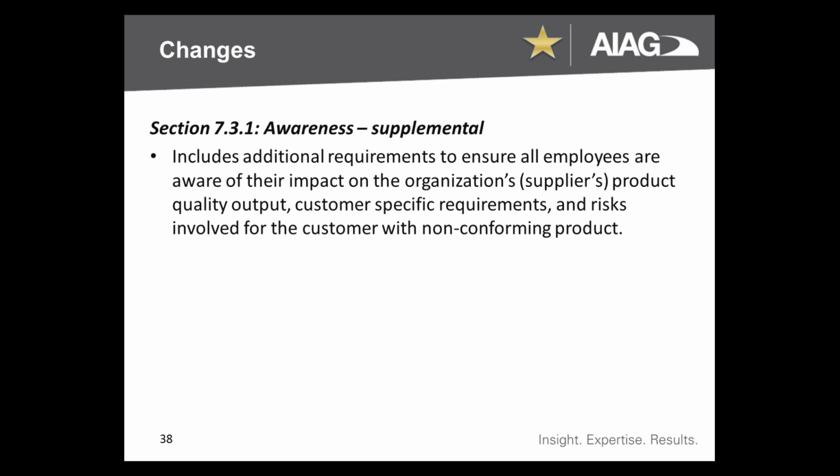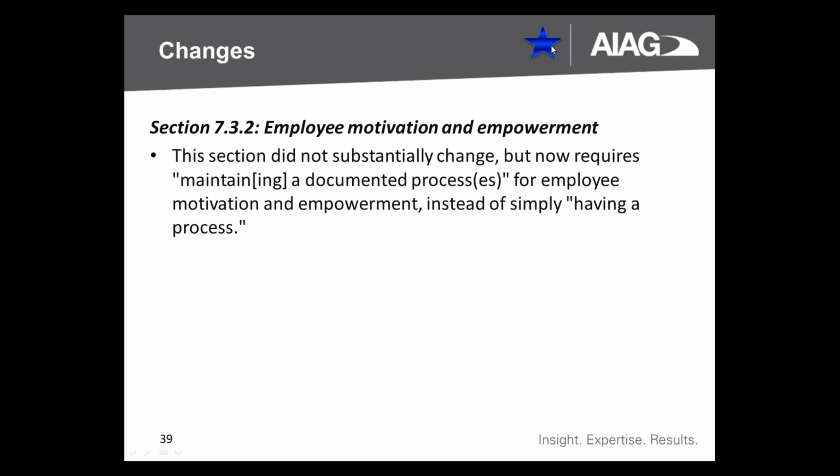I'm grabbing this from the standard to demonstrate that all employees are aware of their impact on product quality, customer specific requirements, and risks involved for the customer with non-conforming product. So somehow organizations need to maintain documented information or records to prove that their employees are aware of how they impact quality. Training records may suffice to meet this requirement.